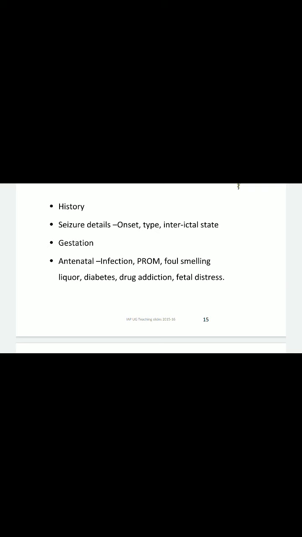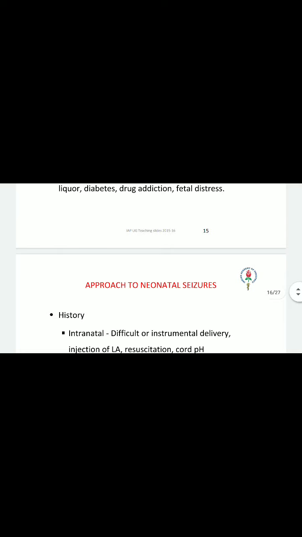History of premature rupture of the membrane, foul smelling liquor? Is the mother diabetic, or did she have substance abuse like any drug abuse, addiction, and is there any fetal stress history?